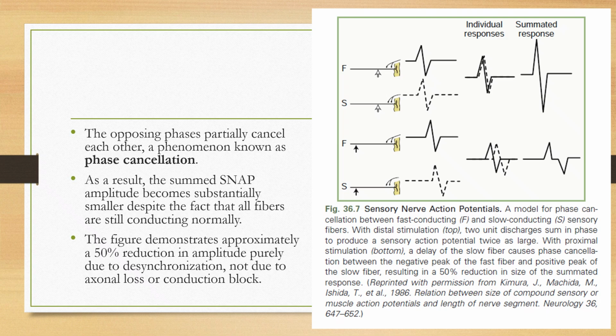The opposing phases partially cancel each other, a phenomenon known as phase cancellation. As a result, the summed SNAP amplitude becomes substantially smaller despite the fact that all fibers are still conducting normally. The figure demonstrates an approximately 50% reduction in amplitude purely due to desynchronization, not due to axonal loss or conduction block.